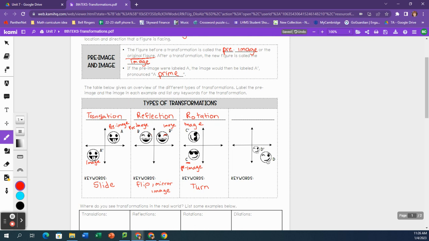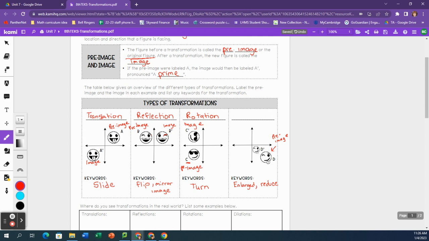And then the last one here, what does it look like took place? I'll give you a second. Basically what happened is we either enlarged or reduced. In this case, this is the original pre-image, and it got reduced.